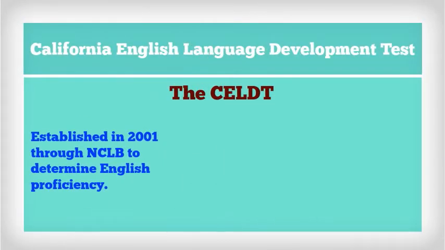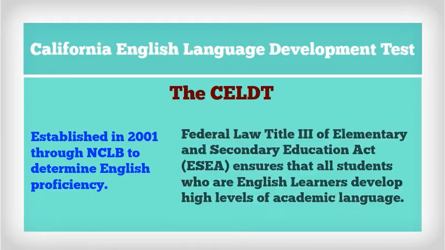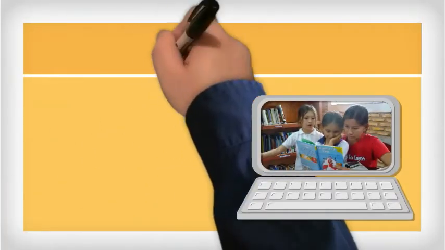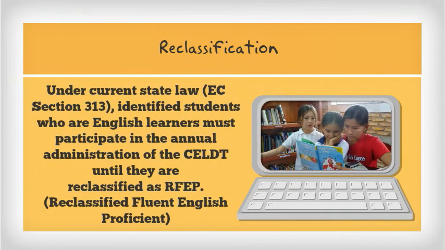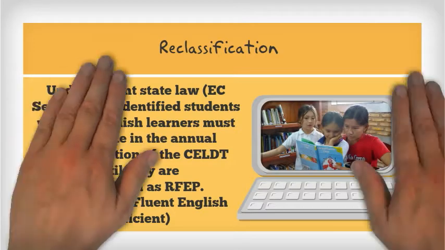The CELDT, which was established in 2001 through No Child Left Behind, was established to determine English proficiency and develop high levels of academic language. Under current state law, EL students must participate in the CELDT annually until they are reclassified.